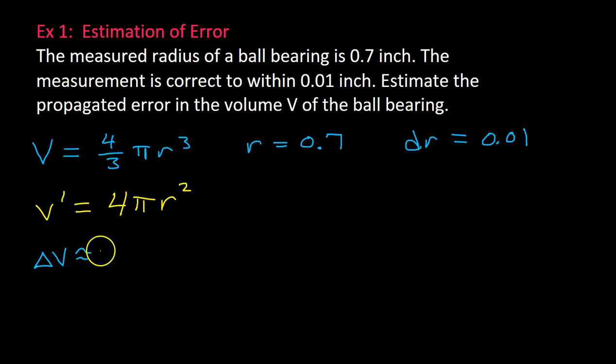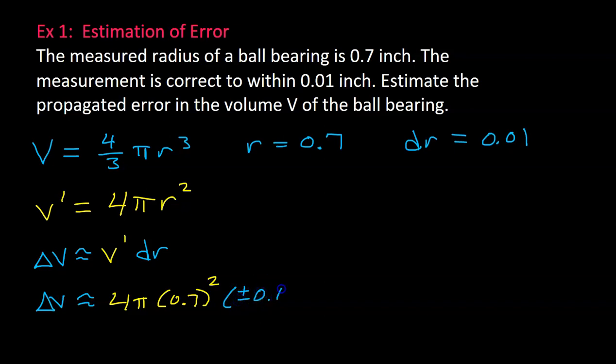And remember, the formula for that is v prime dr. So delta v should be approximately equal to 4 pi r squared, that's v prime. r is 0.7, and then times dr. Since this is the error, we should put plus or minus 0.01, because it's like give or take.